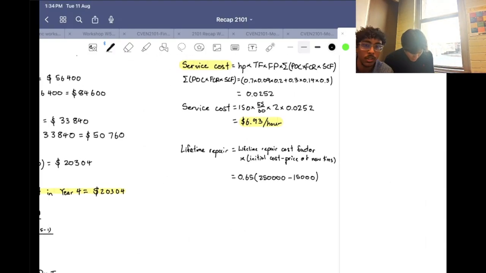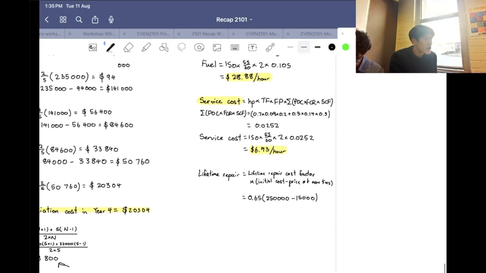Lifetime repair cost. This is a lifetime cost factor. Is it this one?